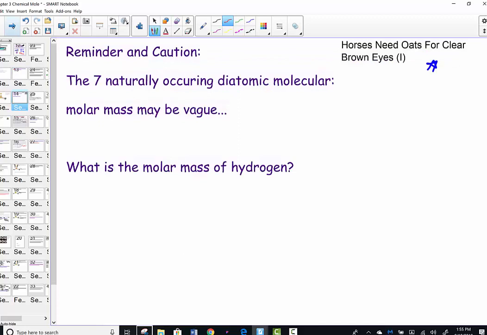I just reminded myself to remind you to be careful about the 7 naturally occurring elements. If you hear "what's the molar mass of hydrogen or chlorine, bromine, iodine," any of those 7 elements, this is a vague term.